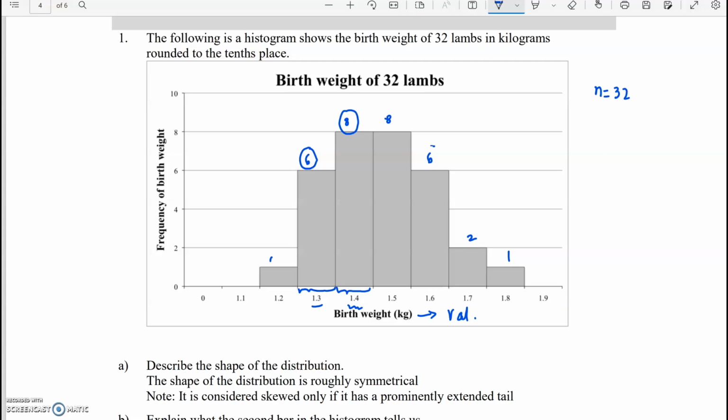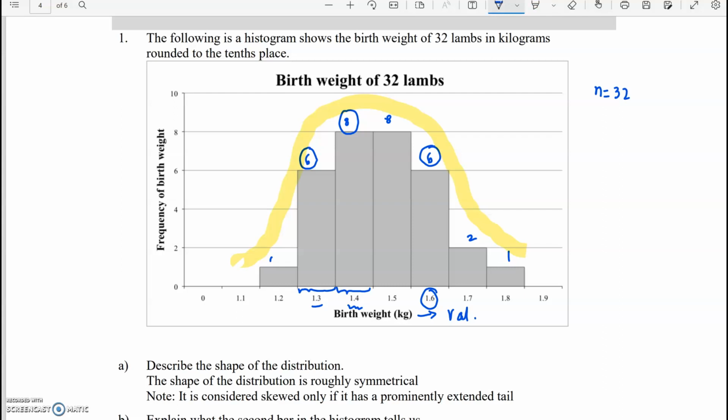If we look at this bar, it means there were 6 lambs with birth weight 1.6. So the shape of the distribution is roughly symmetrical. Remember, it is rough. It's bell-shaped, so it's a roughly symmetrical bell-shaped distribution. There is no prominent skew.